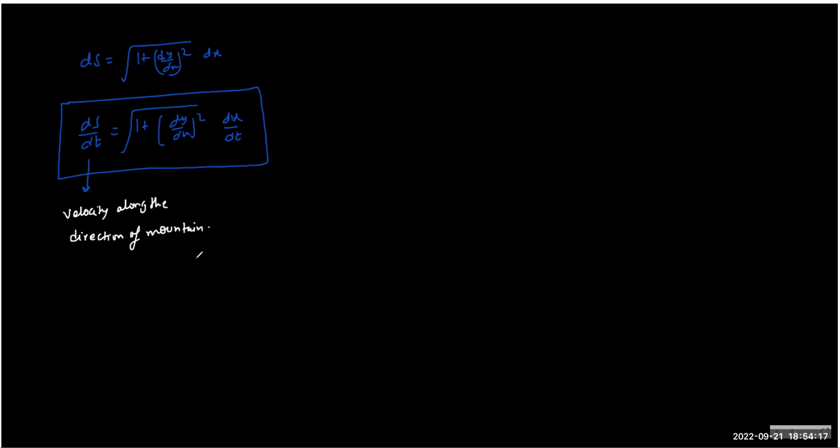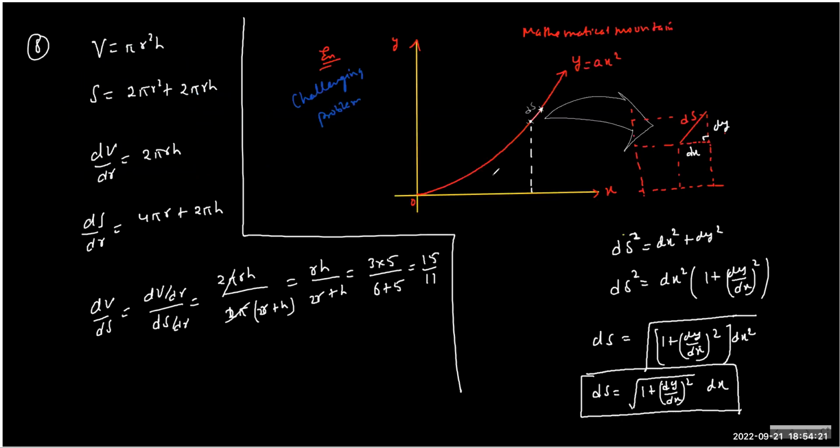Understood? And dx by dt is basically the rate at which you are going away from it. So this is the x, and we know this is dx by dt. I hope this is clear. So the v always represents ds by dt.